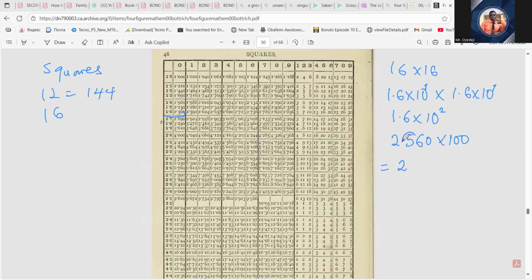Remember, move it once, we cancel it. Move it another once, we cancel it. That's 256.0, which is the same as 256. So that's 256.